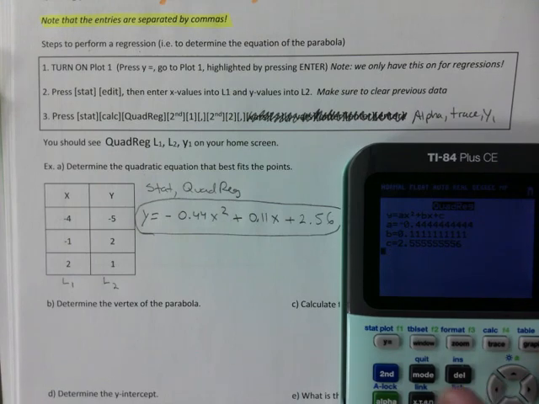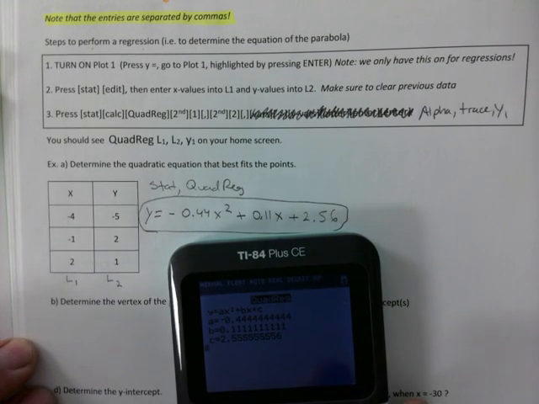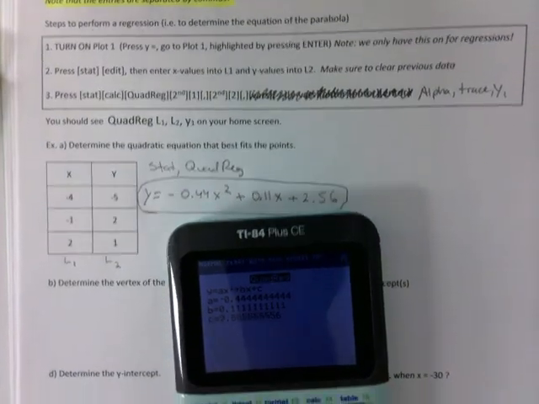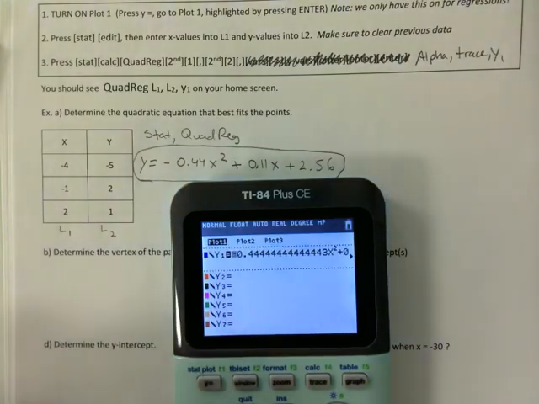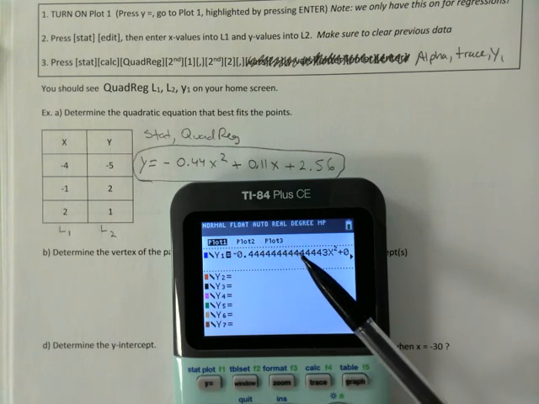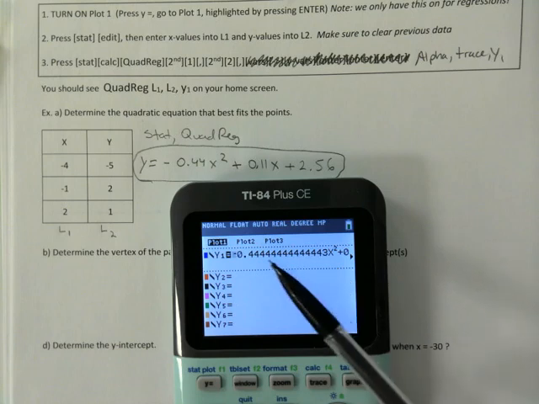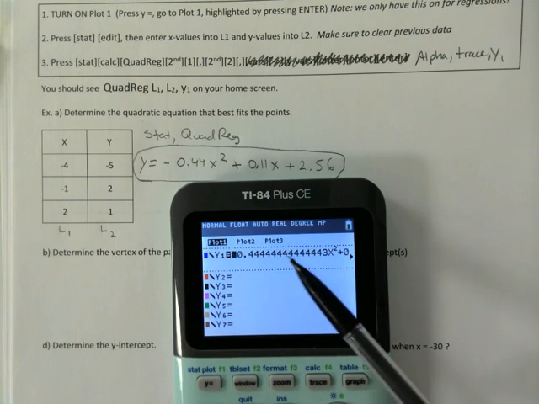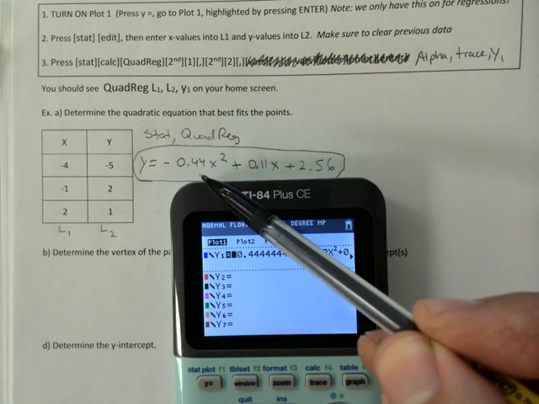Now, this equation, guys, I do not want you to enter it manually ever. Let's go to y equals and see what happened. Look at y equals. Y1 is now filled in with that equation that you just found. I want you to use this one to answer all questions I have later on, not manually typing this one in.